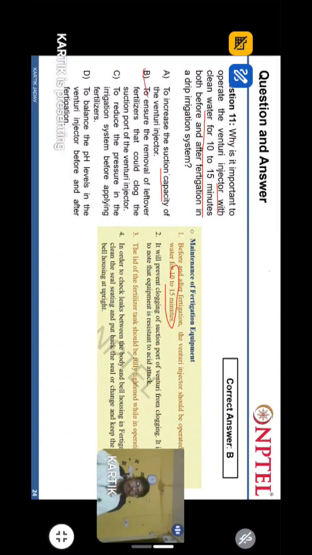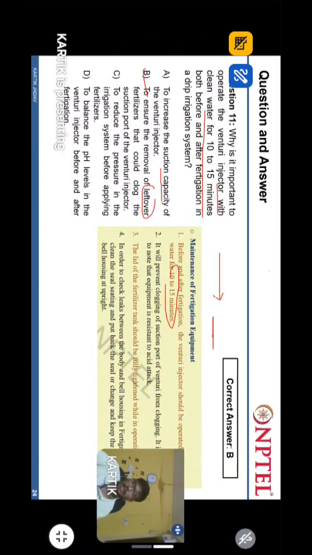Why? By injecting clean water for 10 to 15 minutes before and after irrigation, we are ensuring that it will remove the leftover fertilizer that may generate the problem of clogging. Running water may not create any problem, but once we stop our irrigation, what will happen?